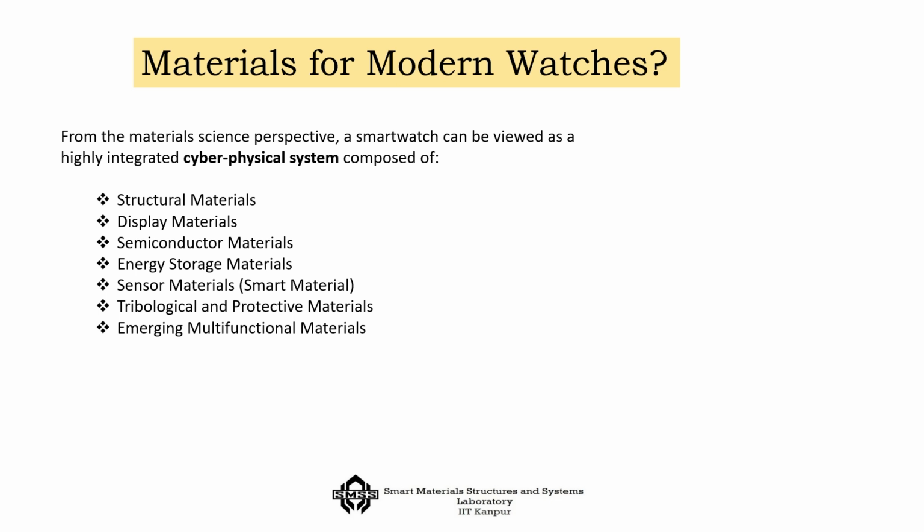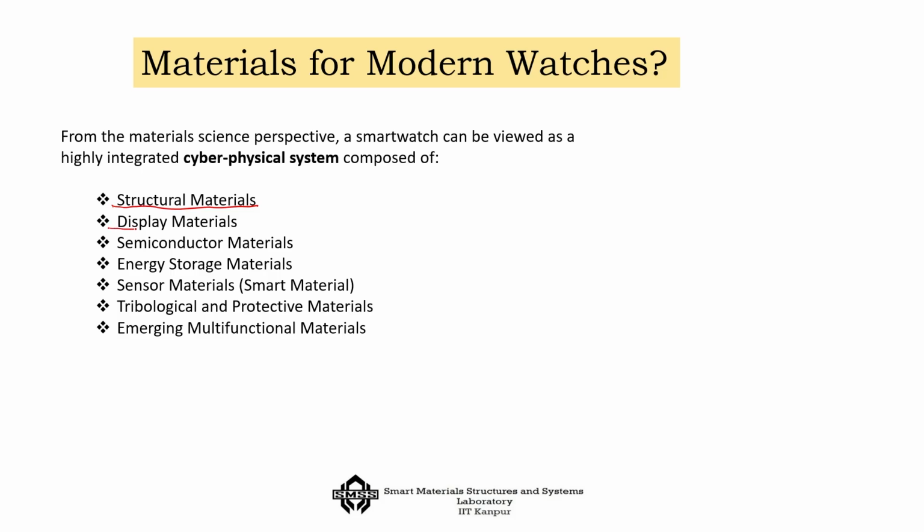Now, if you look at the modern watches, the materials for modern watches are many. This is really a puzzle of all the materials that we have accumulated over centuries of knowledge. A modern watch can be distinctly said to have a group of materials which we may call structural material.